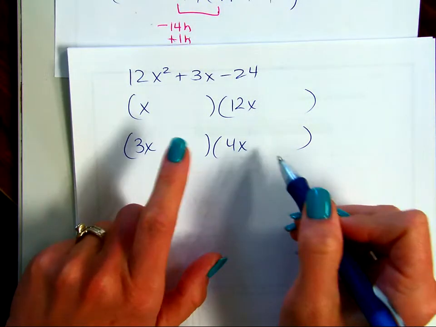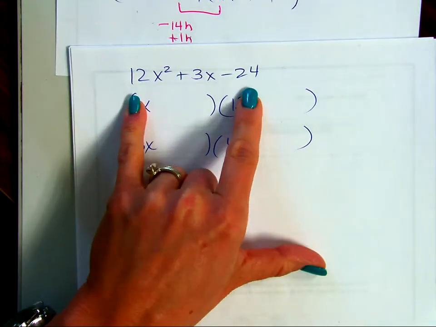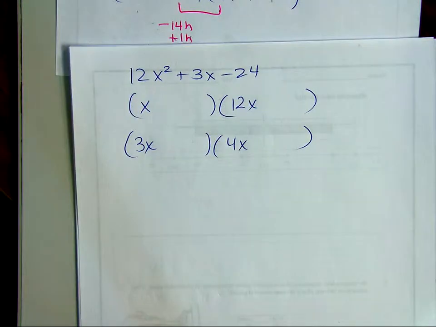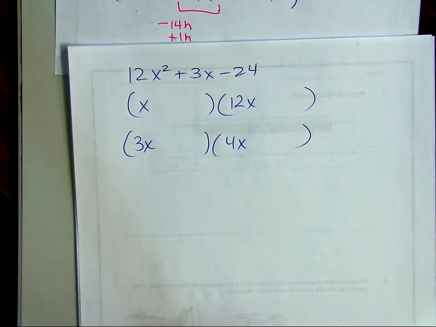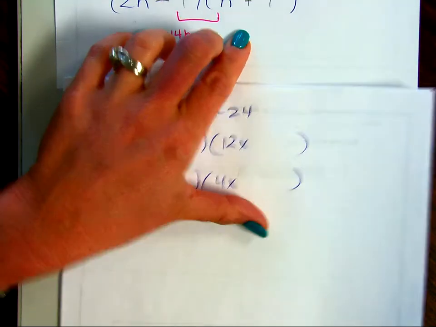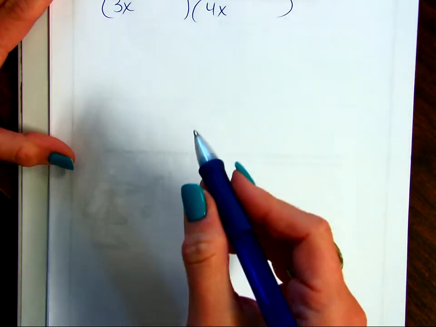Then you switch the 12 and the x to 3x and 4x, or 2x and 6x. Then you do 1 and 24, 24 and 1. Do you see what I'm saying? When the numbers on the end have a lot of factors, the amount of trials that you can technically go through goes up exponentially. So trial and error, not a bad method to use maybe when you're dealing with prime numbers.